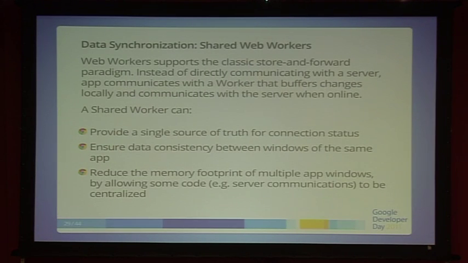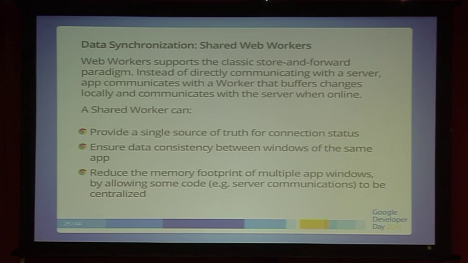OK, one way to make data synchronization easier is, instead of having each of your windows in the application hold this chunk of data synchronization logic that does all the network stuff, you put it all into a web worker.